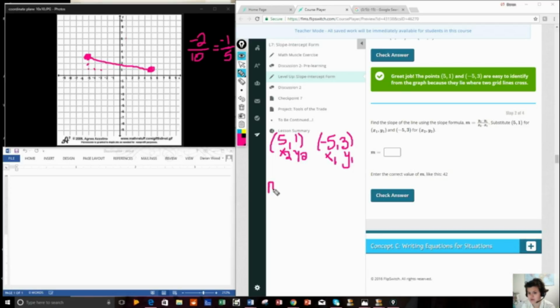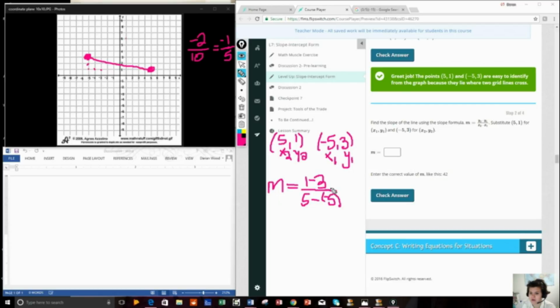So the slope is y2 minus y1. First, that's finding our vertical distance. That's what we did first. We found our vertical distance. So now we're going to find our vertical distance algebraically. So 1 minus 3 divided by our horizontal distance, which is 5 minus negative 5.